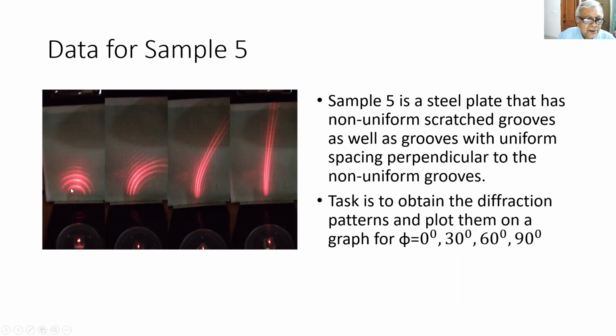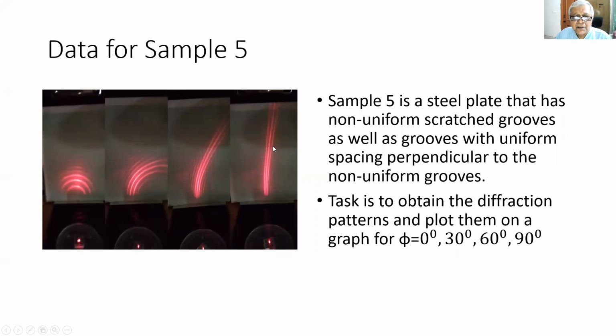Phi equal to 0, you can see that these are circular things, but you see a lot of them out there. And you can see that the uniform spacings that you have, they are right now at 90 degrees, and therefore the bright spots out here. Similarly with this, when phi is equal to 30 degrees, when the non-uniform scratch grooves are at 30 degrees, then of course the other ones are perpendicular to that, and so they would be at 90 degrees, right?